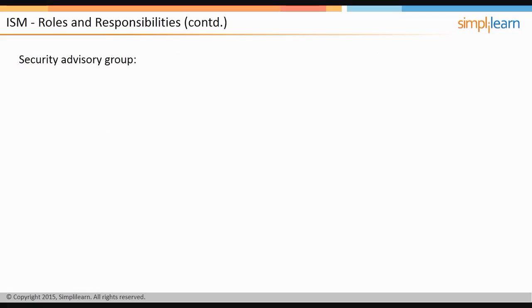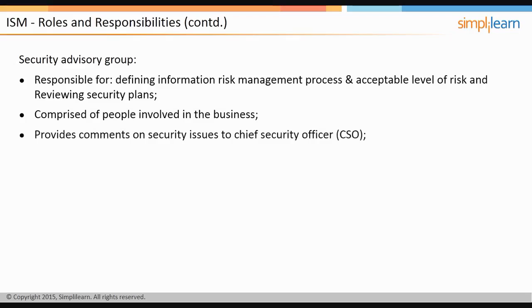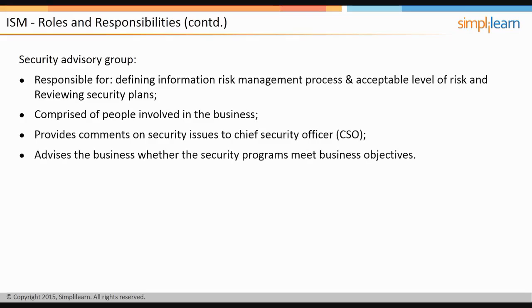The Security Advisory Group is responsible for defining the information risk management process and acceptable level of risk and reviewing security plans. It is comprised of people involved in the business and provides comments on security issues to the Chief Security Officer, CSO. It also advises the business whether the security programs meet business objectives.